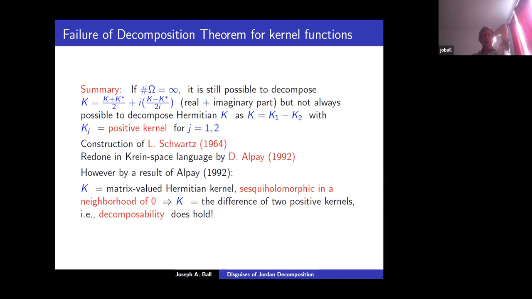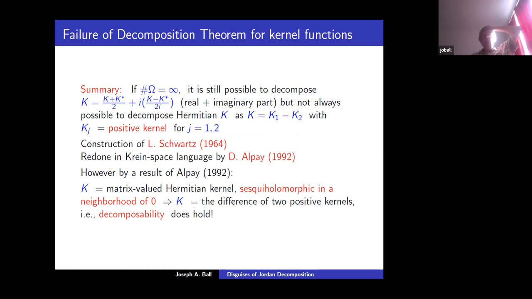It turns out one can show, there are examples, you take a Hermitian kernel, it's not possible to decompose it as a difference of positive kernels. The construction back in 1964 of Laurent Schwartz and redone by Daniel Alpay a couple decades later.